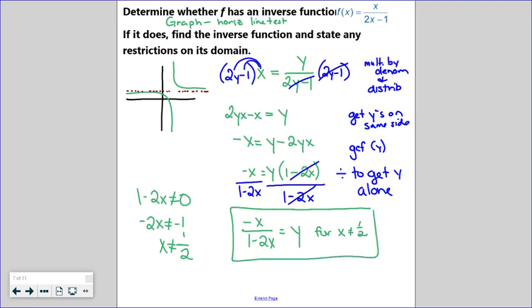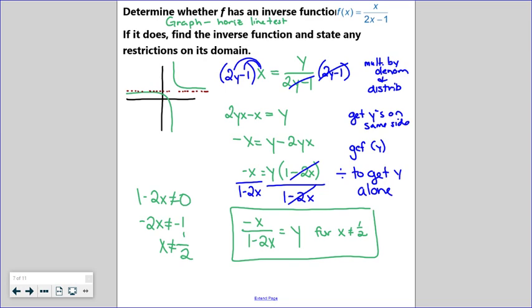Now, the other thing I want to point out on this one is this. When you're doing these, we could have gone the other direction up here. I could have moved my y's over to the left-hand side and moved my x to the right-hand side. If I had done that, it would have just switched the sign on everything. So in the fraction ones, if you get to the end and you have all of the same numbers, like an x, a 1, and a 2x, but all of your signs are exactly opposite, maybe you have a positive, a negative, and a positive, guys, you have the right answer.